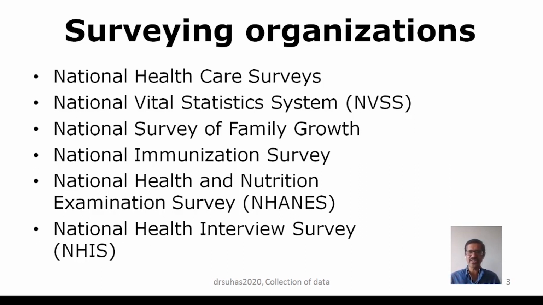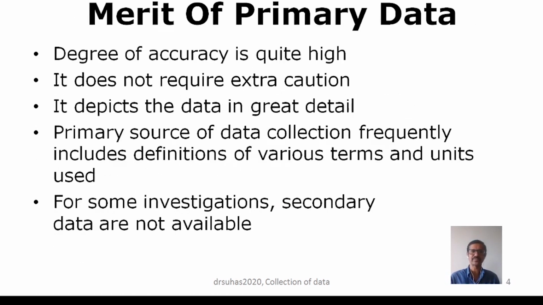These surveying organizations include National Healthcare Survey, National Vital Statistics System, National Survey of Family Growth, National Immunization Survey, National Health and Nutrition Examination Survey, National Health Interview Surveys. These are some of the organizations which do surveys for organizations as well as for entire countries, either in part or as a whole.